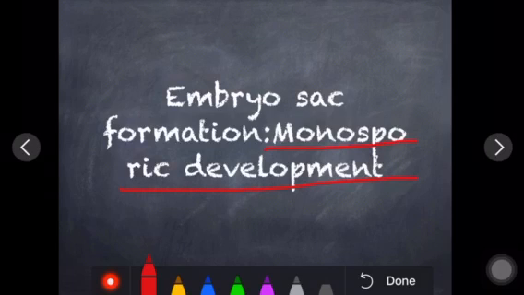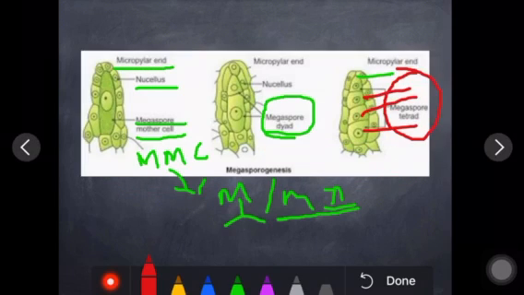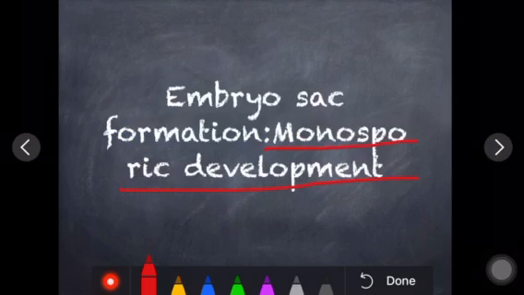Till now we have discussed how megaspores form, right? If you remember, the internal part of the ovule is called the embryo sac. So the next development will be embryo sac formation, and it is also called monosporic development. Why it is called monosporic development, we will discuss in this slide.